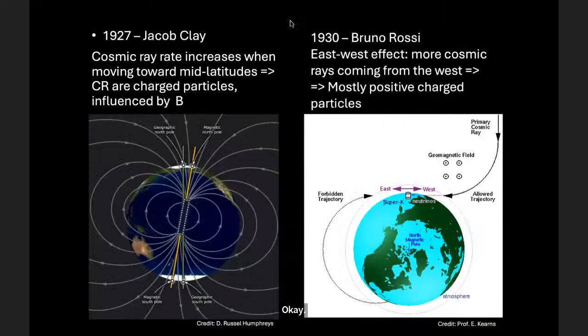So then what they found is that there were a lot more particles traveling from west to east. So the conclusion was that these particles have to have positive charge, right? Which is in agreement with what I told you, that they were hydrogen products with positive charge.